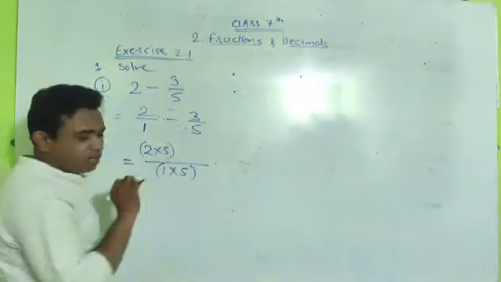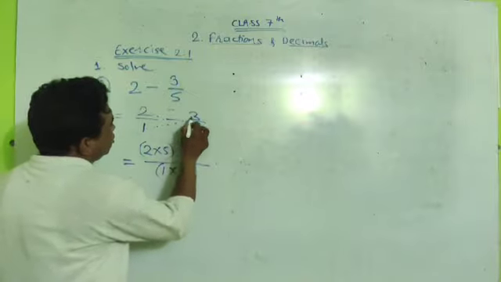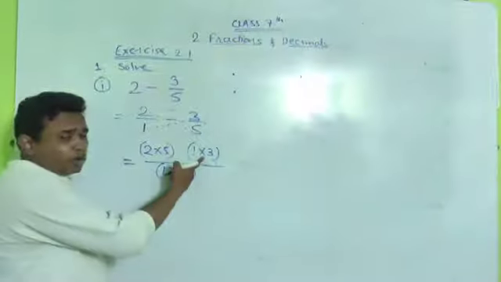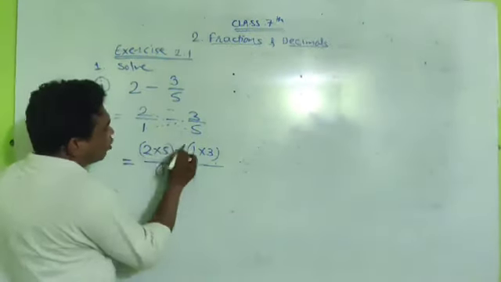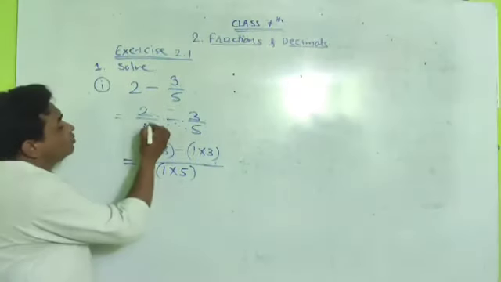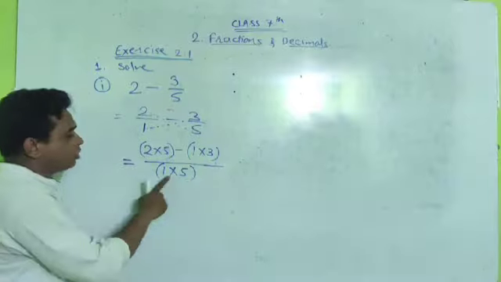Write down 2 into 5 and make a bracket. Don't forget to make a bracket. And again 1 into 3. Between these two products the given operation stays as it is, so there is a subtraction. So denominator multiplied by denominator goes in the denominator: 1 by 5.